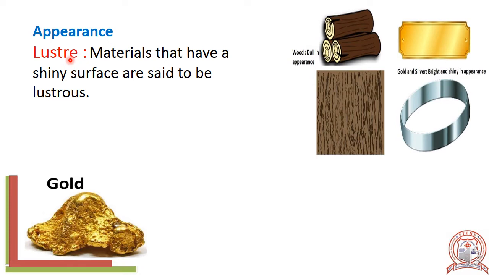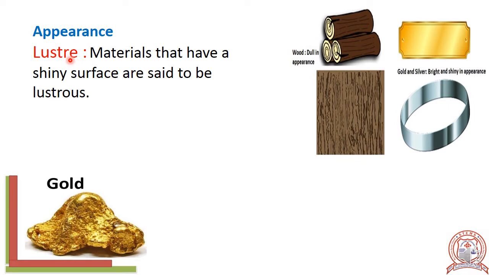An iron rod appears dull, but when it is rubbed with sandpaper, the top layer gets removed and it appears lustrous.